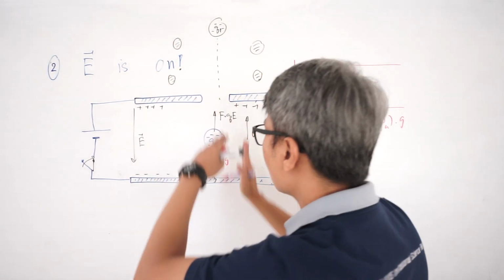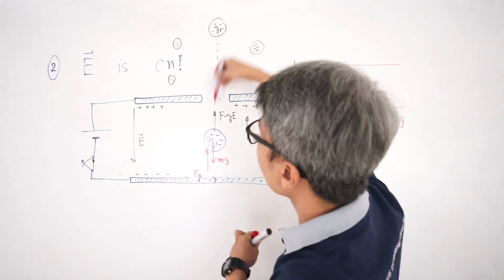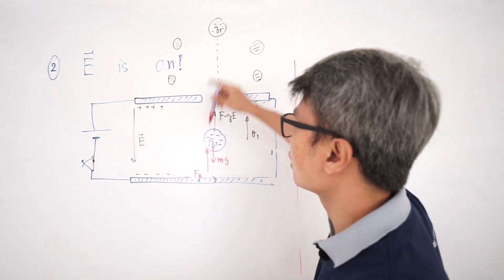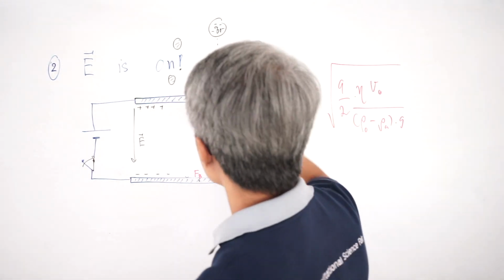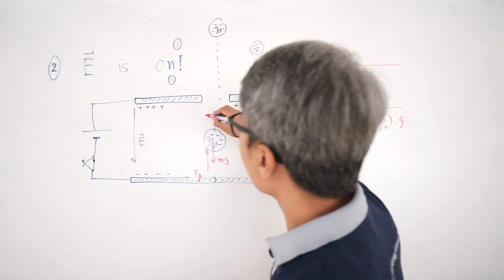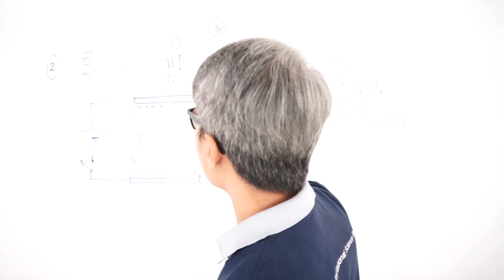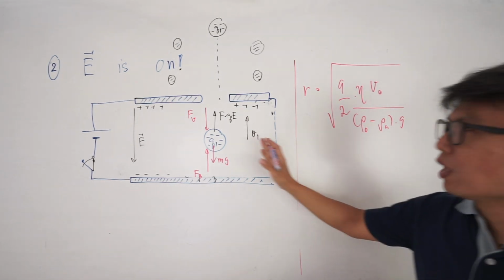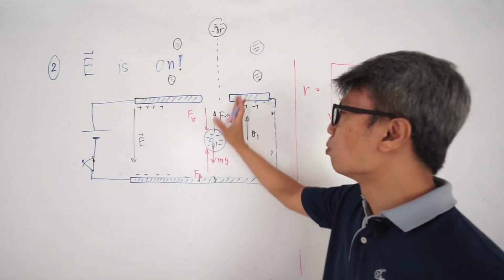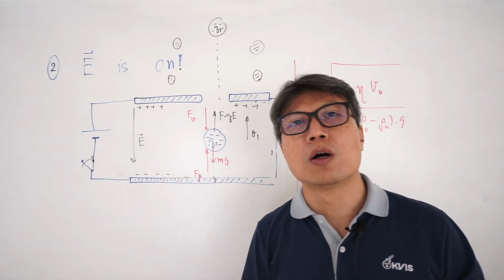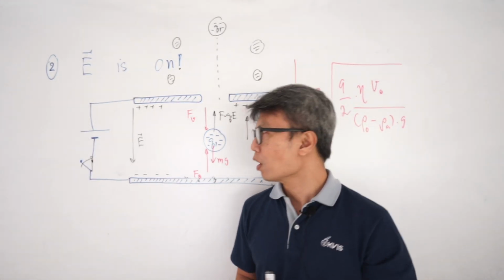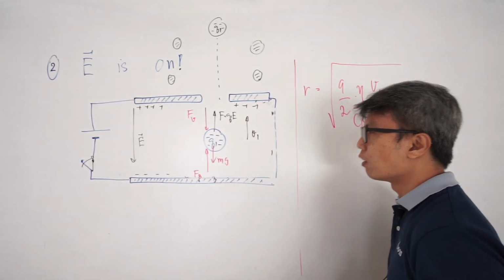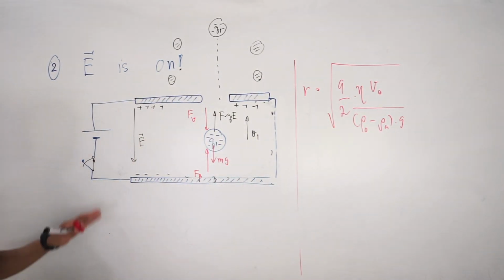You see, our drop now is moving, or rising. When it is rising in the air, it means that we should have air resistance in the opposite direction to the motion of the drop. So in this case, we should have the viscous force from the air resistance. If we assume that our drop is moving with the terminal speed, or constant speed, and we use Newton's first law, we should be able to write down the equation of motion like this.